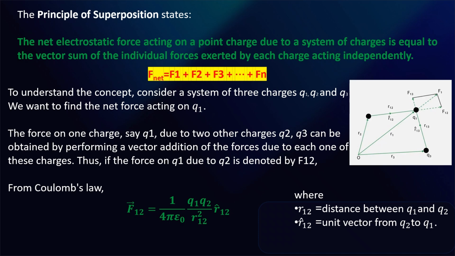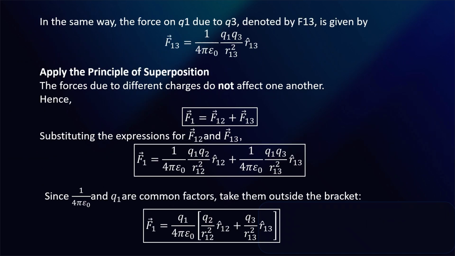In the same way, we can find out the force on Q1 due to Q3 denoted by F13. Therefore, the force on charge Q1 due to Q3 is given by 1 divided by 4 pi epsilon naught into Q1 into Q3 divided by R13 square into R13 cap.